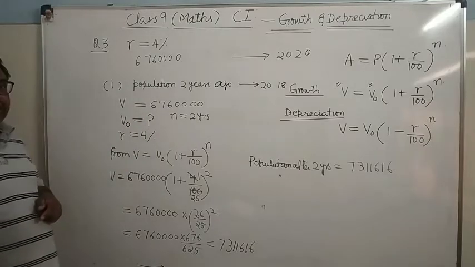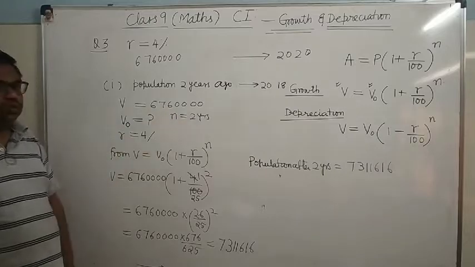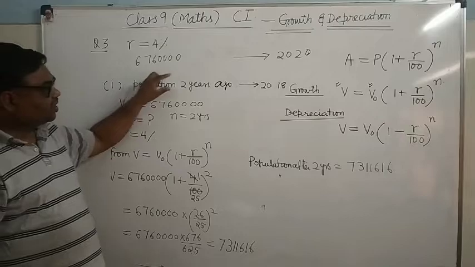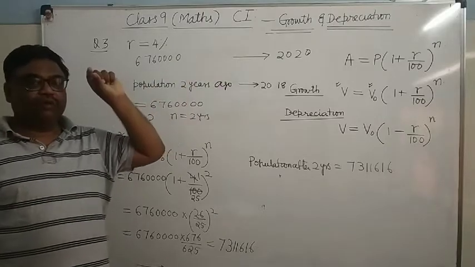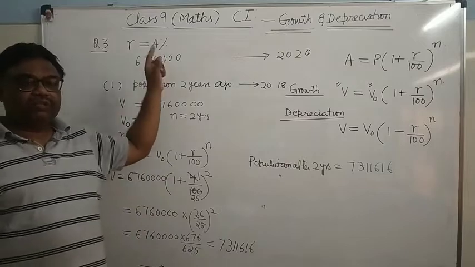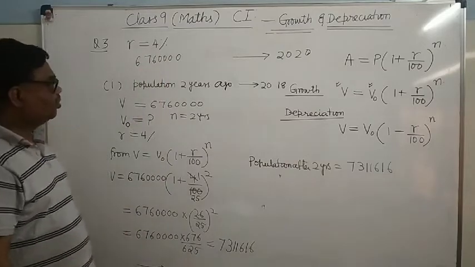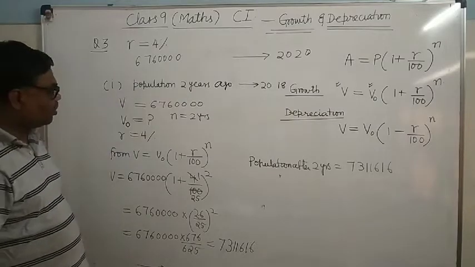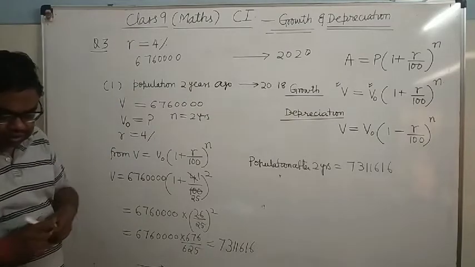We have to determine V naught. N equals 2 years. It is clear? The year which comes earlier, that value will be V naught. और जो year बाद में आएगा उसकी value V होगी. So now it will become V and you have to find V naught. So you substitute here.